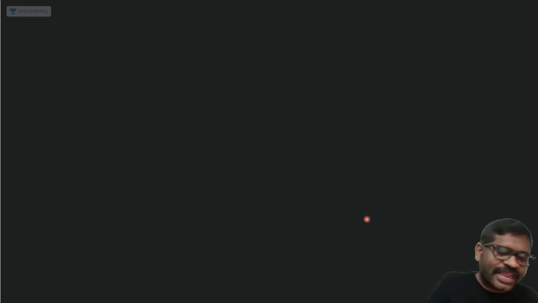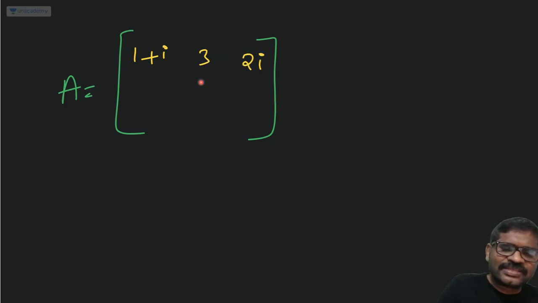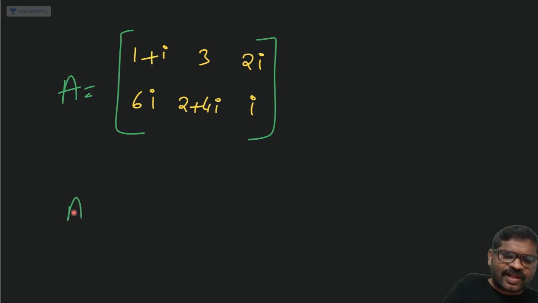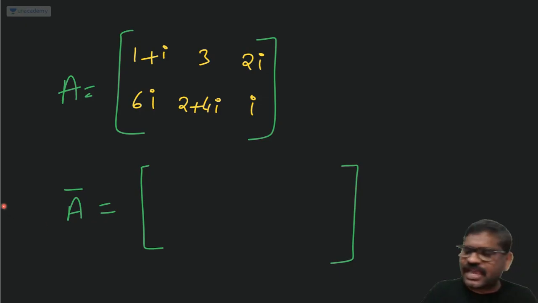Now, example. Matrix A is a complex matrix. Suppose 1 plus i, 3, 2i, 6i, 2 plus 4i, i. Sir, what is the conjugate of A? Conjugate of A is A bar, which is obtained by replacing every element of A by their corresponding conjugates.